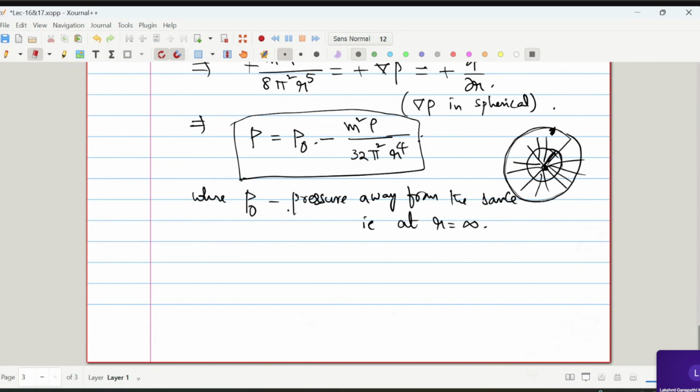Sir, if we put R equal to 0, then the negative term will become, like P equals P naught minus something, negative infinity. No, you don't look at it that way, so you don't know exactly what the pressure is. See, what we are concluding from this is only this one.